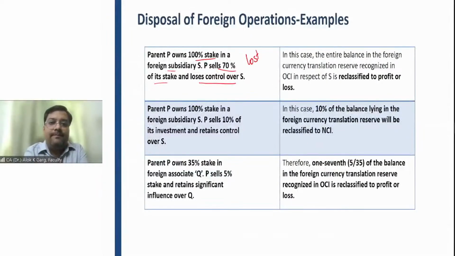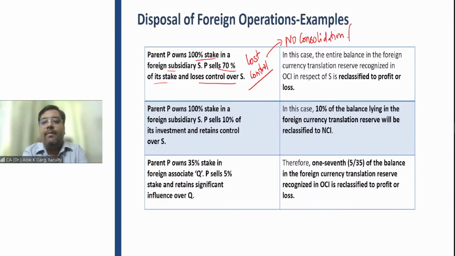Lost control means complete disposal. Lost control means you will not consolidate this subsidiary further. No consolidation means there is no requirement for this subsidiary to translate its financial statements into the parent currency, and the parent is not required to consolidate.